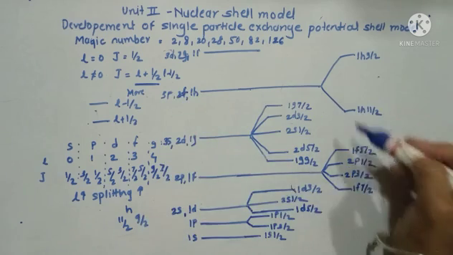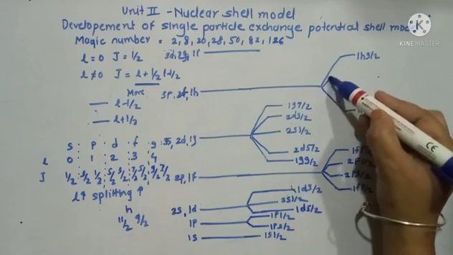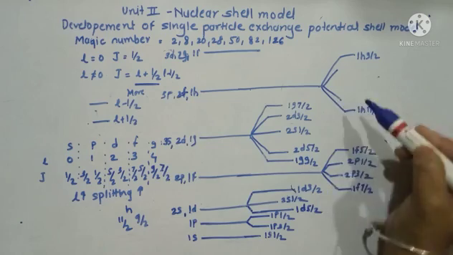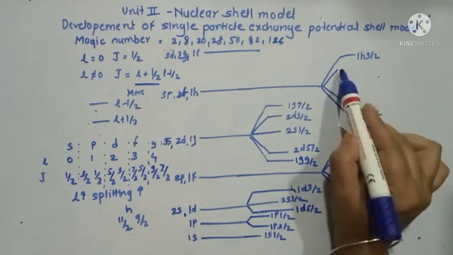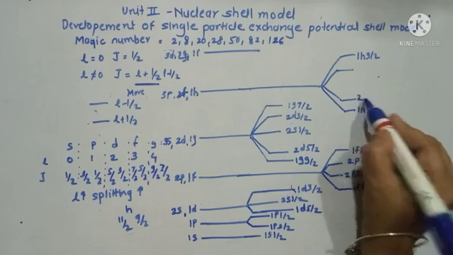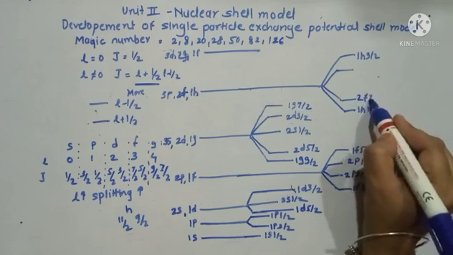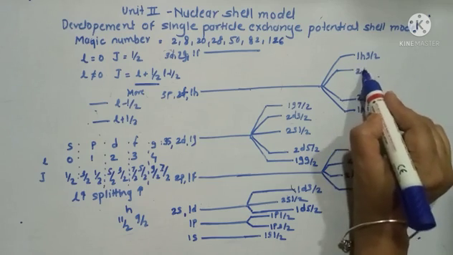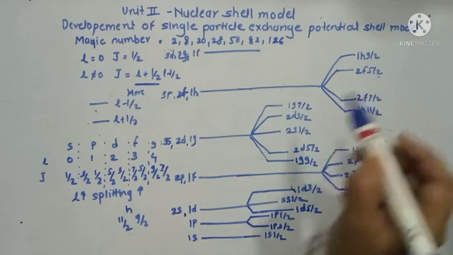Along with this 2F is there, so F we have shown this much, so this is 2F 7/2 and then 2F 5/2.